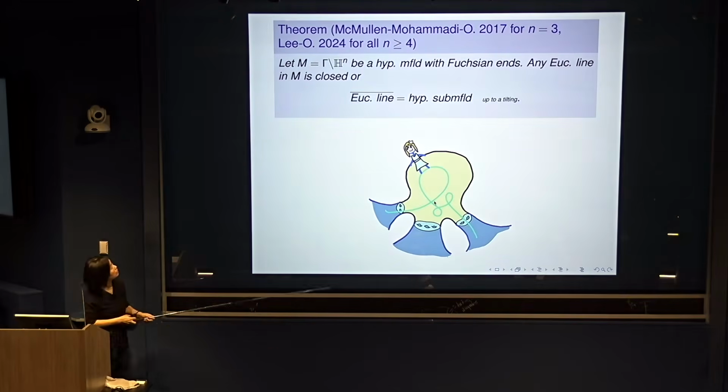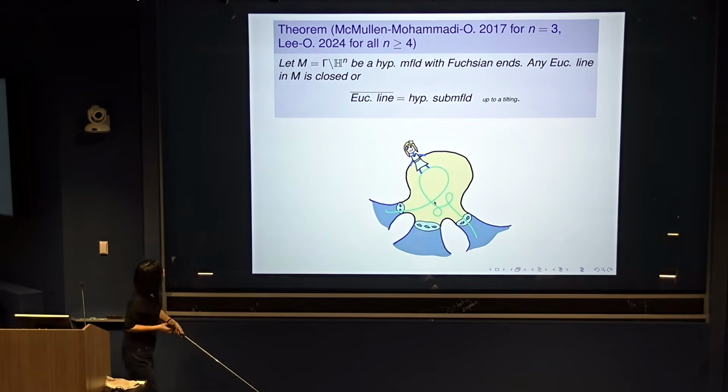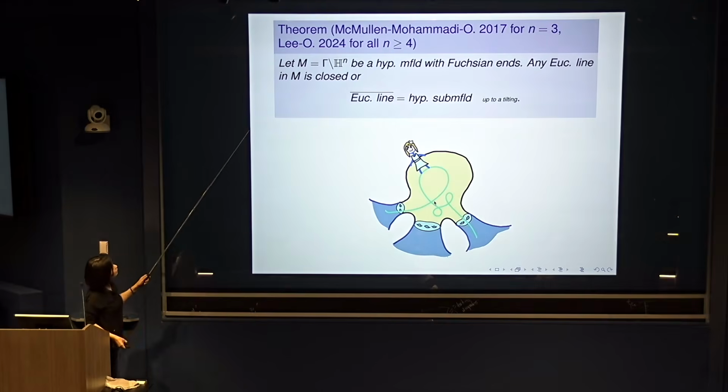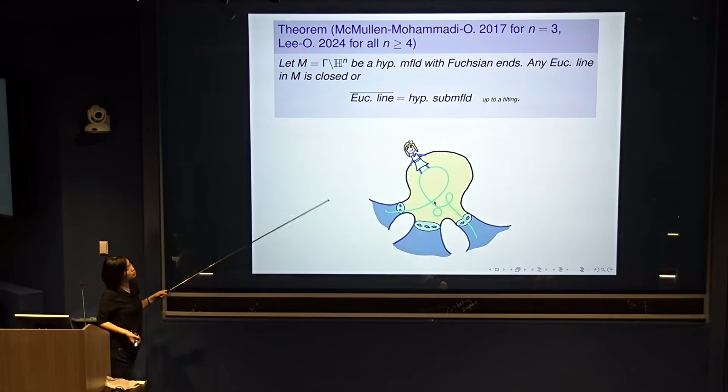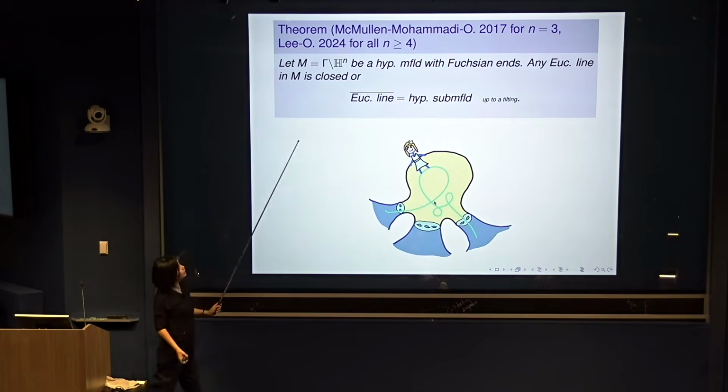Right, so this is a theorem I proved with McMullen and Mohammadi in 2017 for n equal to 3. And in the higher dimension case, it was joint work with my former student Lee. So let M be a hyperbolic n-manifold with Fuchsian ends. Then the statement is that any Euclidean line is closed.